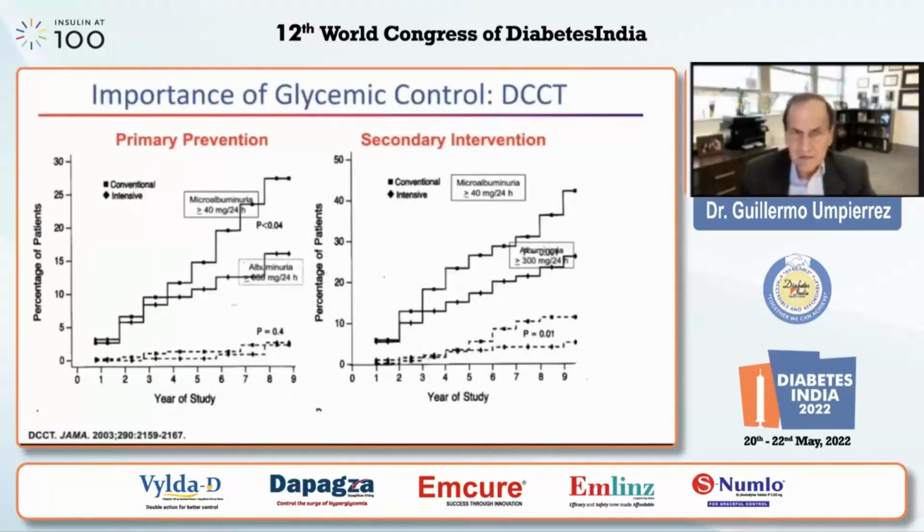So glycemic control. This is data that comes from the Diabetes Control and Complications Trial. As you may remember, this was a study in type 1 diabetes that followed these patients for 6.5 years.